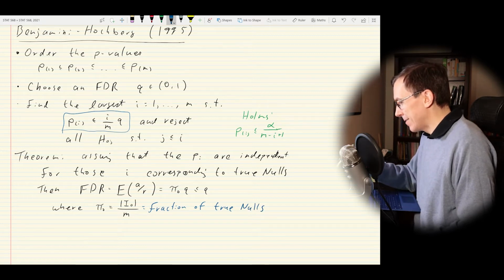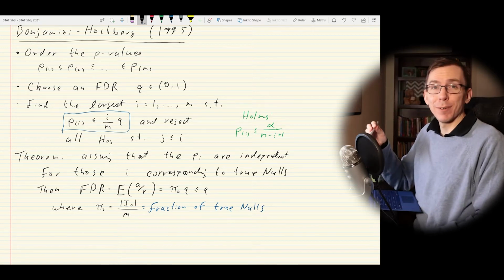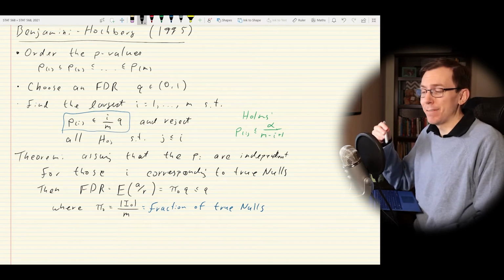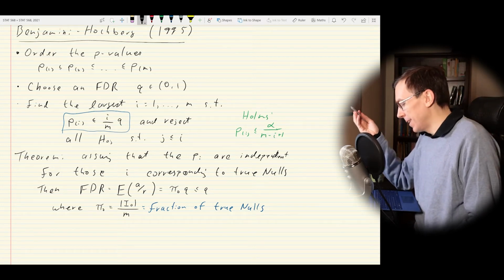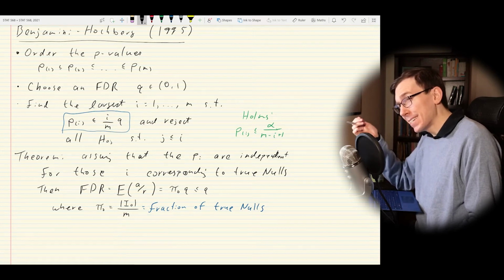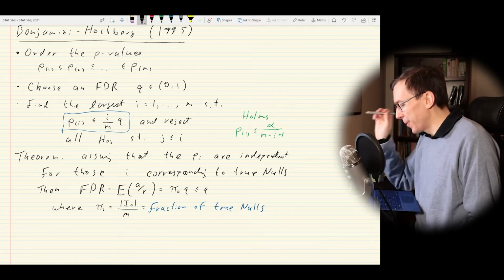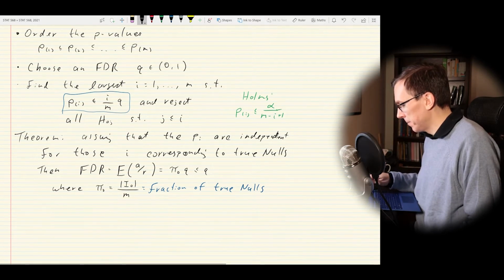Recall that I naught divided by m shows up a lot when we were looking at the family-wise error rate as well. It showed up in Bonferroni, for example. It showed up in the exponent in Sidak's method. So in this case, yeah, it's going to show up. It shows up a lot.